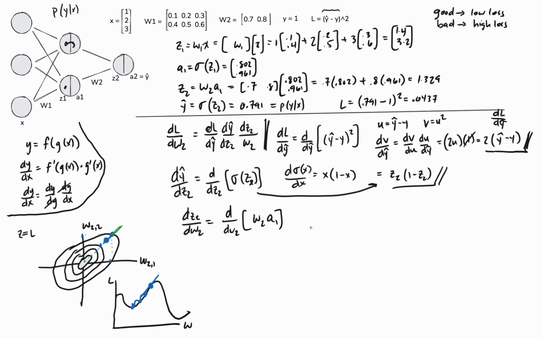We know w2 a1 is this kind of matrix form here, and without deriving it, we'll just take it as a given that in a situation where you have your variable of interest, you're trying to find the derivative of some function with respect to it, and it's a dot product with a constant here, a1. You can show that the derivative of this is going to be a1 transpose.